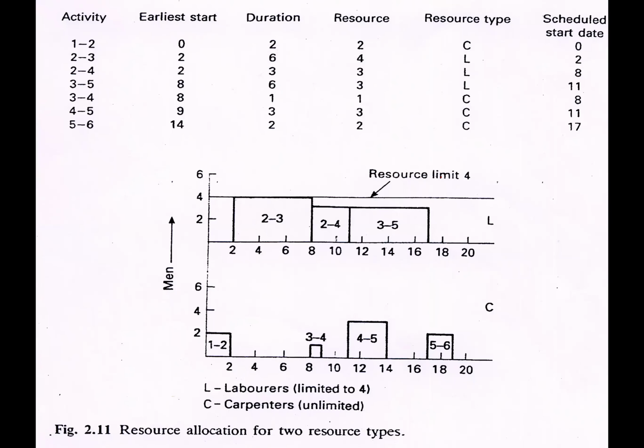Okay, and sometimes between trades, we can split into laborer, carpenter by name. And you notice why there is an empty space here? Well, because simply there is no activity related to carpenter.